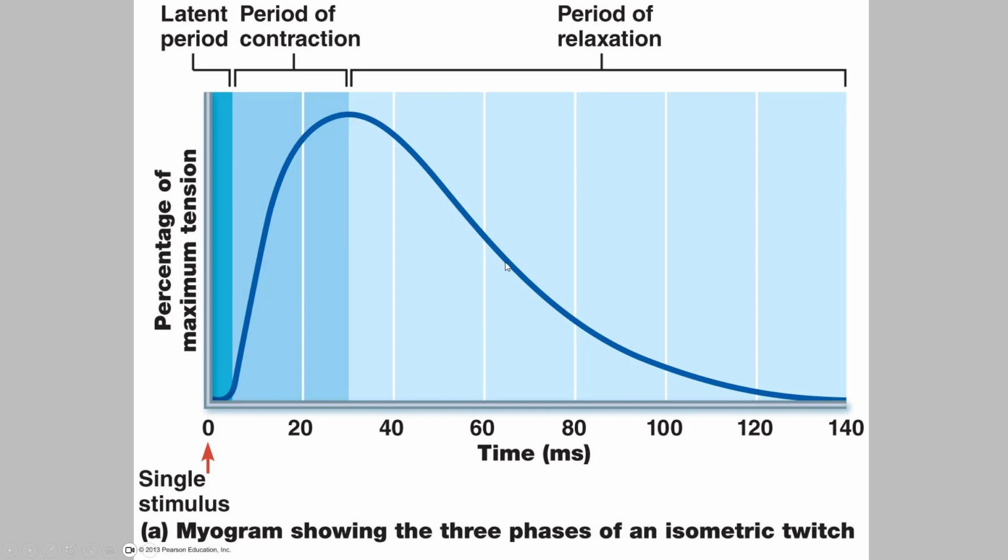So that is the period of relaxation. Tension drops. All of that is called a muscle twitch. It is the result of a single stimulus, and we go through that cross bridge cycle that we saw, but only briefly. The muscle does not noticeably shorten.